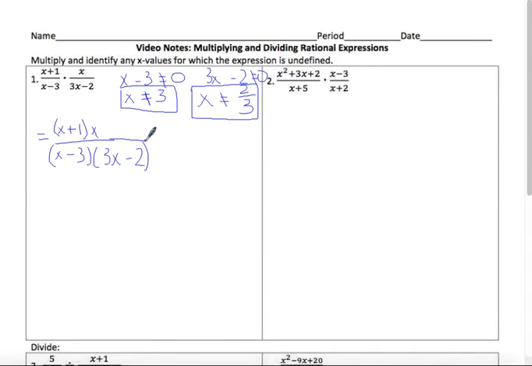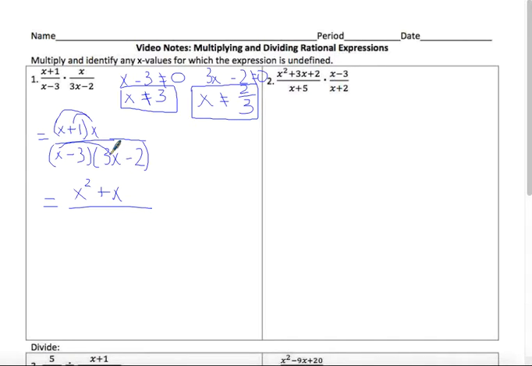And there's no simplifying we can do here, so we're going to expand both parts. Here we can distribute x, and we get x squared plus x divided by, and the denominator we can multiply with the FOIL method.